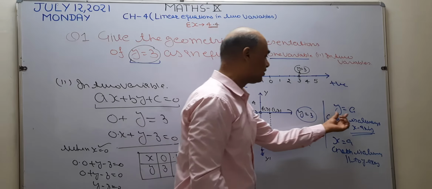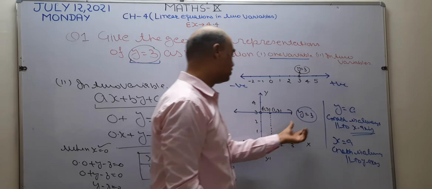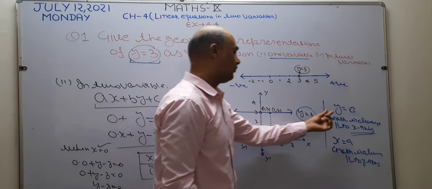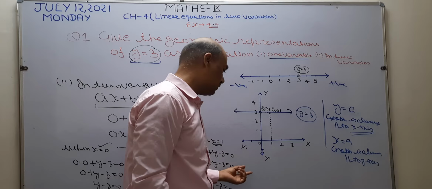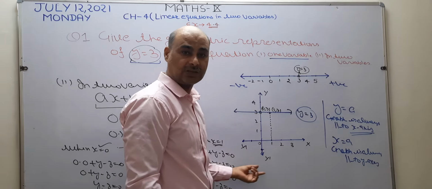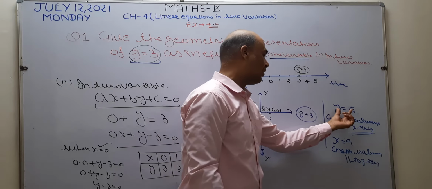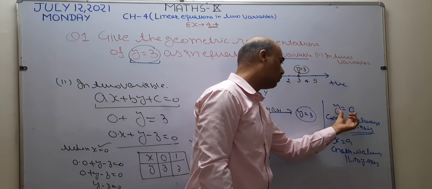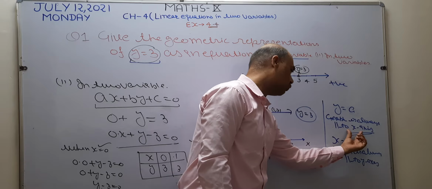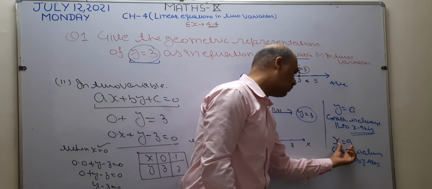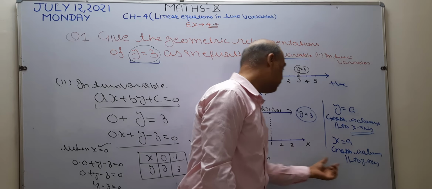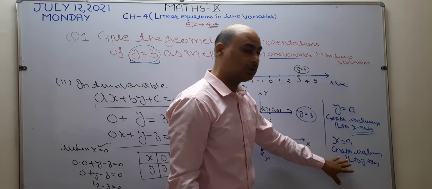If y is positive, it goes to the upper side, and if it is negative, it is represented on the lower part of the x-axis. When the y value is given, the graph of this type of equation is parallel to the x-axis. If the x value is given, the graph is parallel to the y-axis. You can remember this.